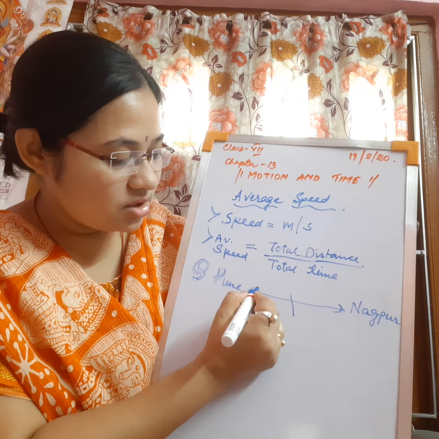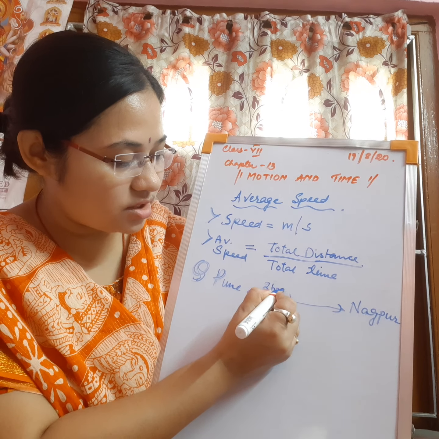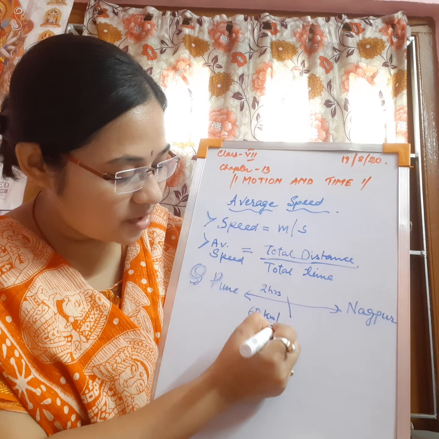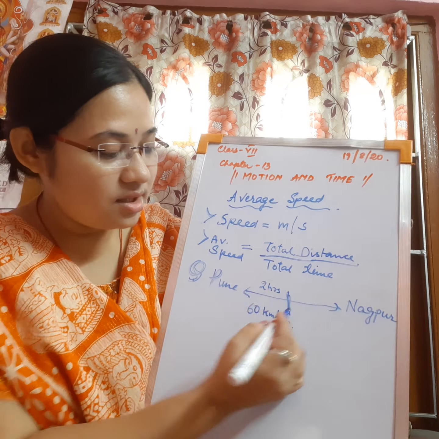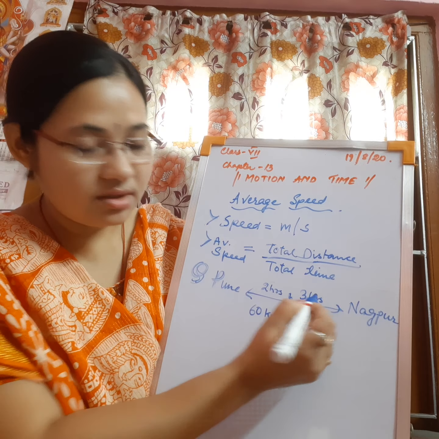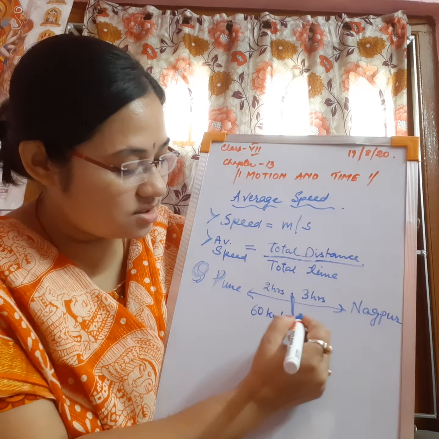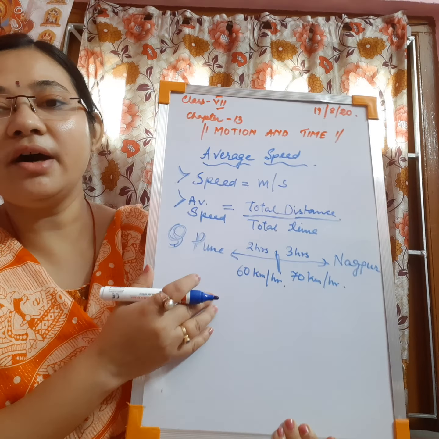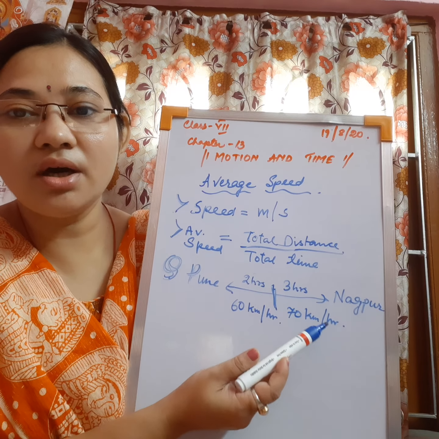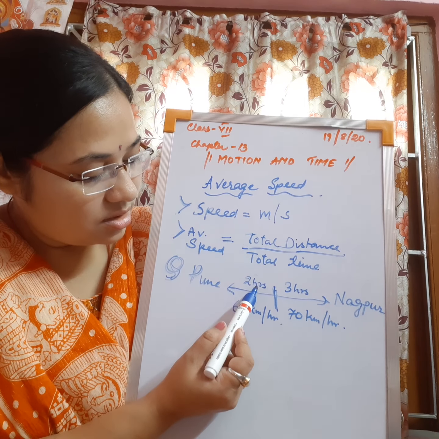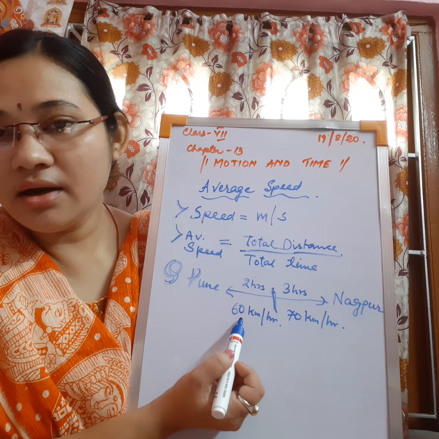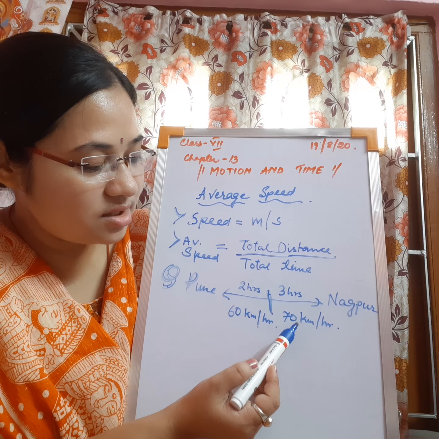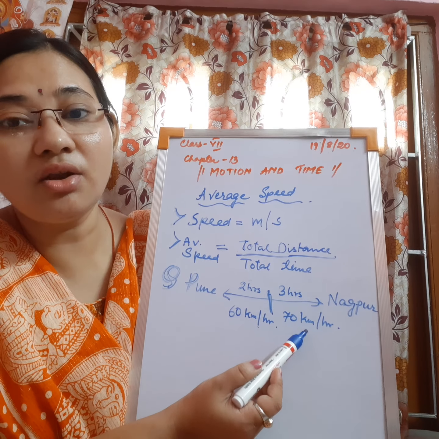The first 2 hours he has gone at a speed of 60 kilometers per hour, and the next 3 hours at 70 kilometers per hour. So here we have divided the journey.